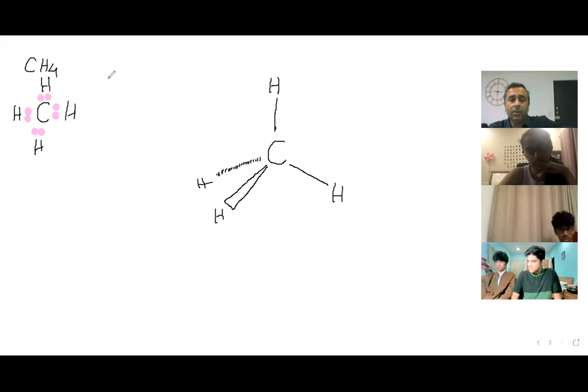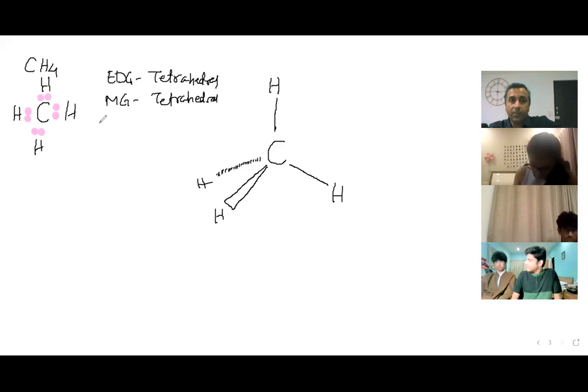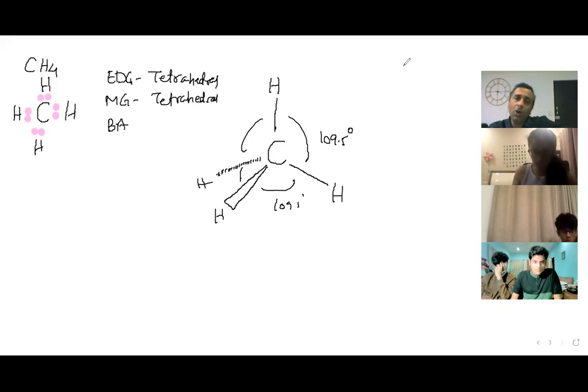Okay, so in this case, electron domain geometry, tetrahedral. Molecular geometry, also tetrahedral. And bond angle, every bond here is 109.5. So this angle is 109.5 degrees. This angle is 109.5 degrees. This angle is also the same. So all angles are 109.5 only.